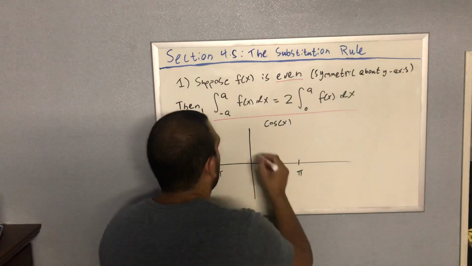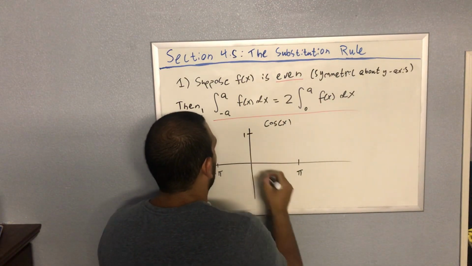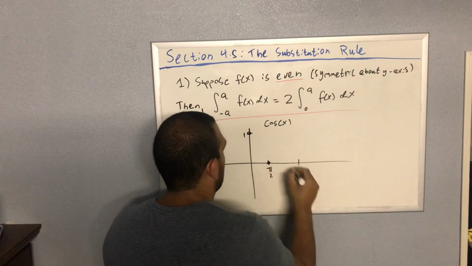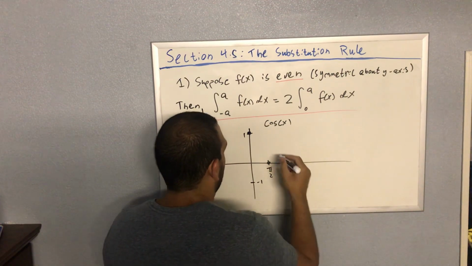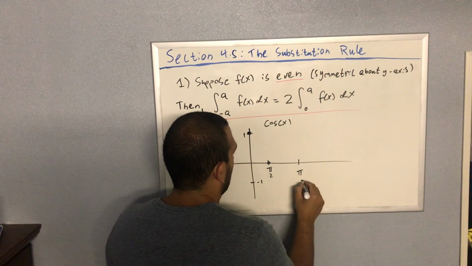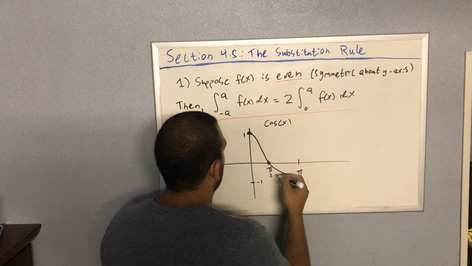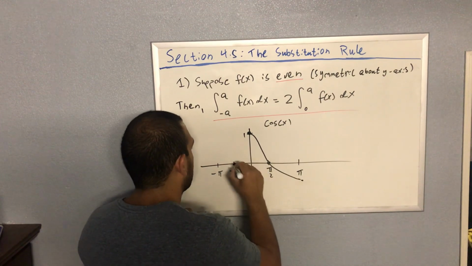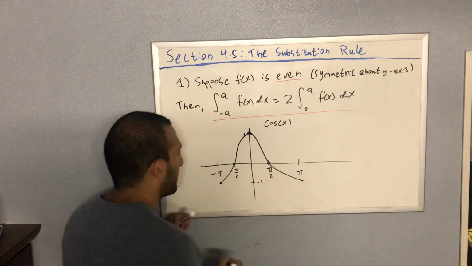If we plot it, it starts out at 1, and then at pi over 2 it hits 0, and then at pi it's down at negative 1. And the same thing happens on the other side since it's symmetric about the y-axis. It's an even function, so it has to have the same exact behavior. Okay?